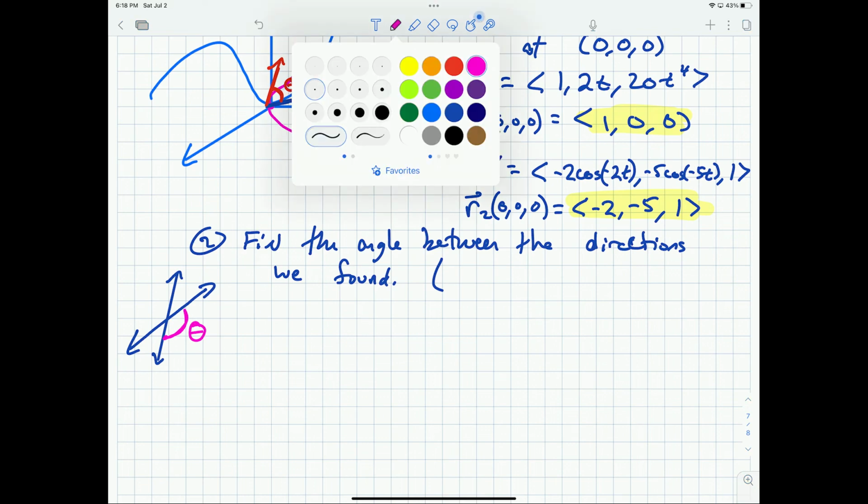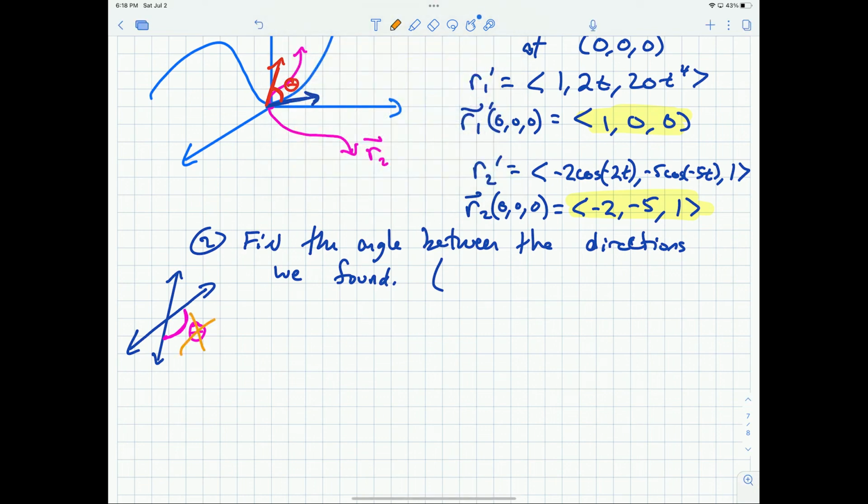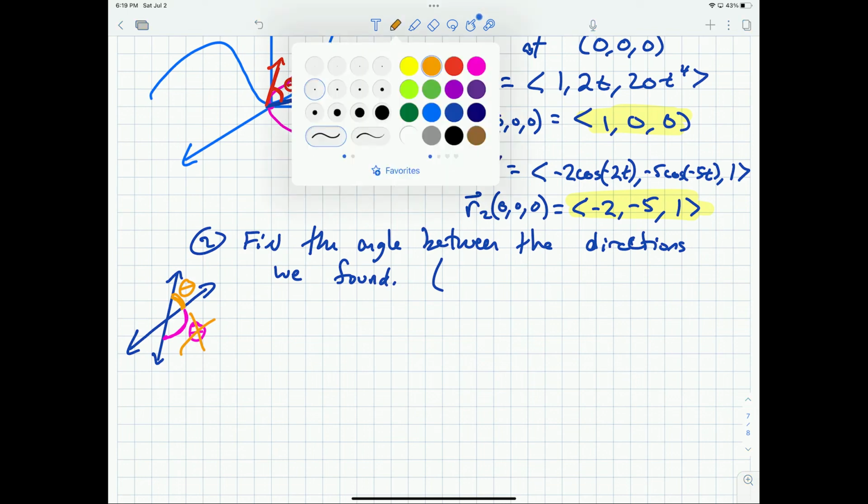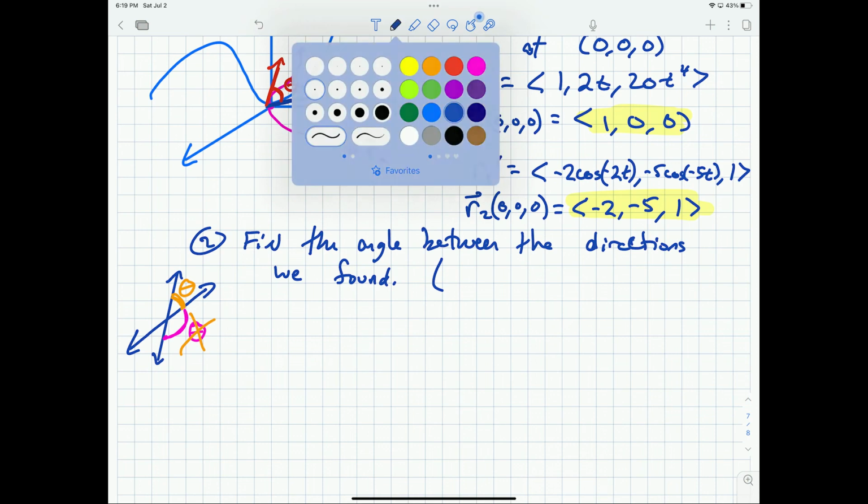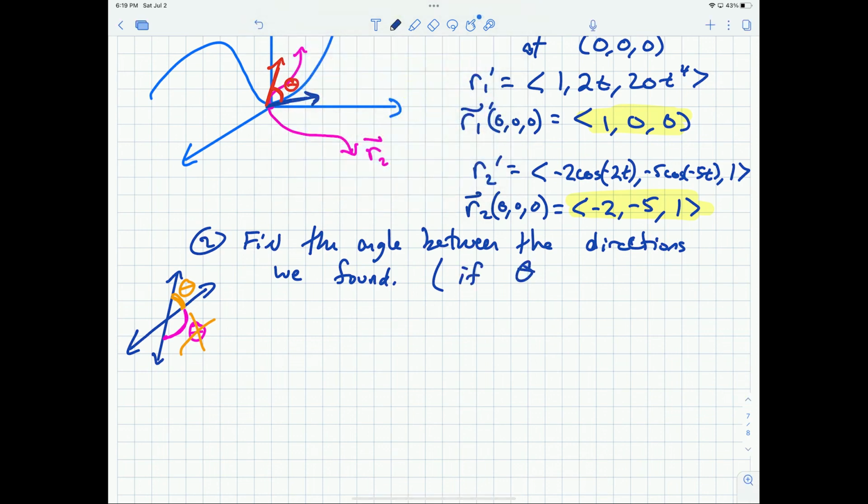But if you find that angle, you just want to throw that out and take that angle, which you would do by 180 minus your answer. So if theta is greater than 90, use 180 minus theta as your answer instead.